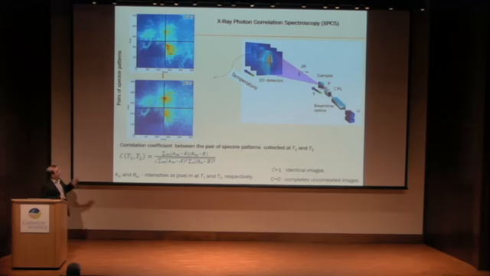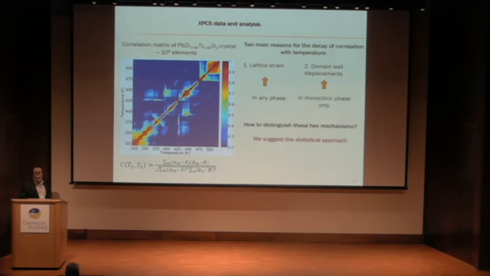Thus, again, this is a conventional approach. The difference is that we analyze different temperatures. And this is the result, the correlation matrix which we calculated.